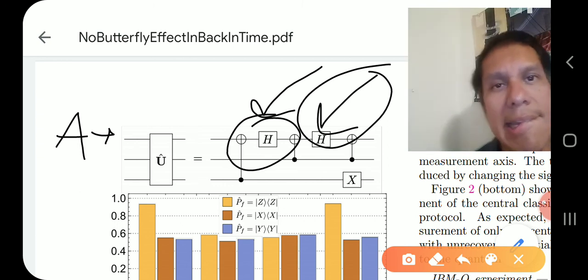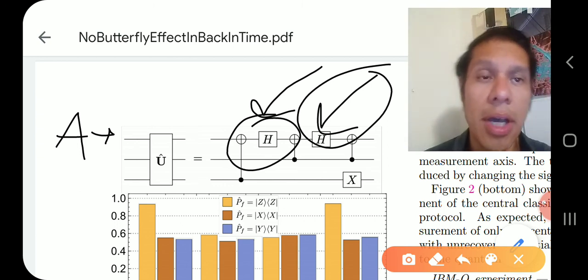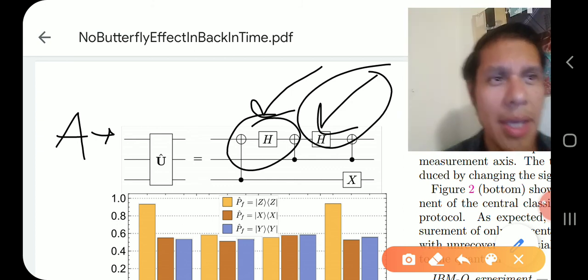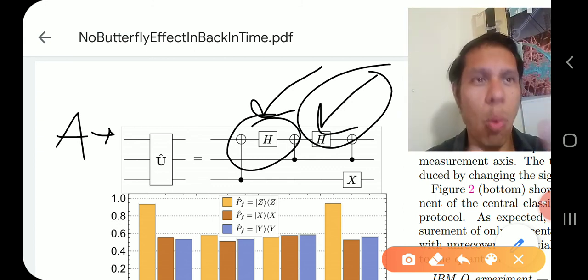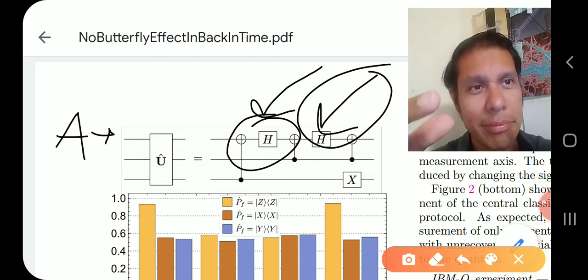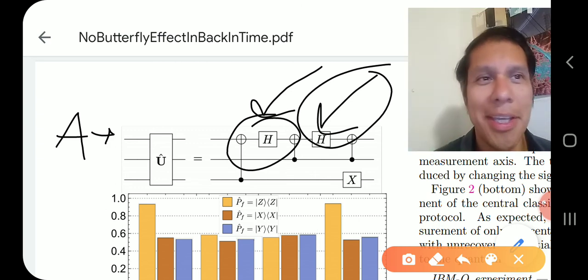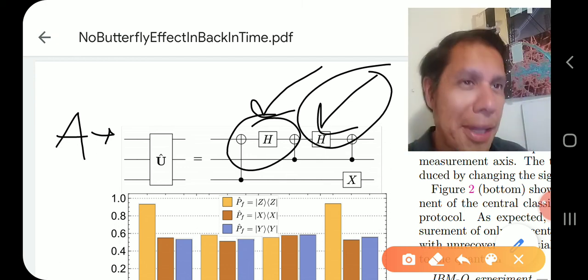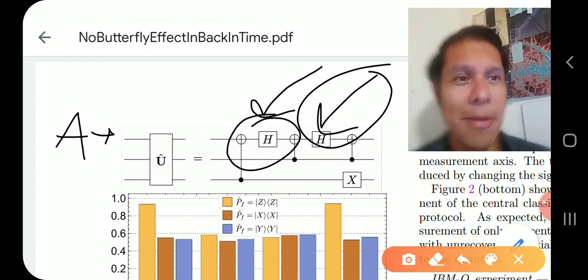Okay. And the other two qubits are underneath, right? Now notice this paper doesn't show you what is the inverse of these gates. Okay, I'll let you think about it for homework.